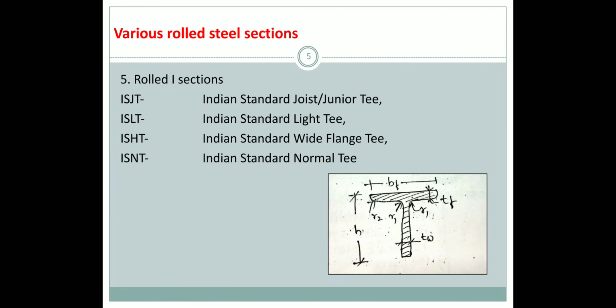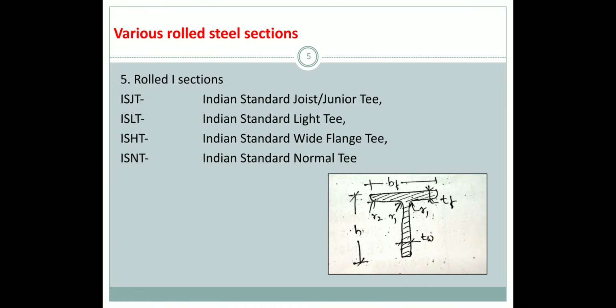The last type of rolled section is known as ISJT, Indian Standard Junior T sections. ISLT, Indian Standard Light T sections. ISST, Indian Standard Wide Flange T section. ISNT, Indian Standard Normal T sections, where R1 is the radius at root and R2 is the radius at toe.